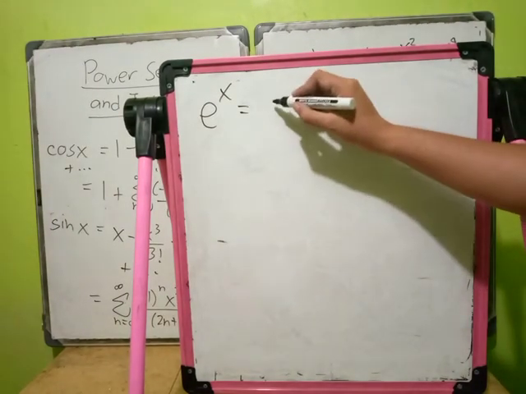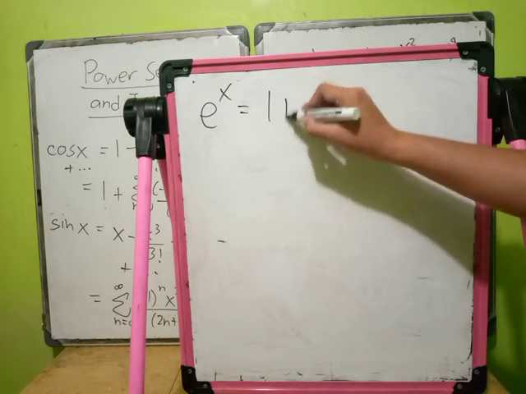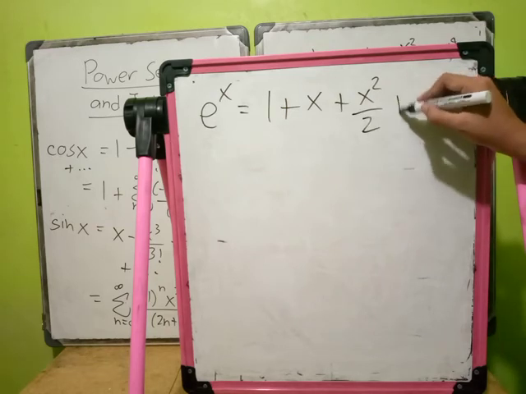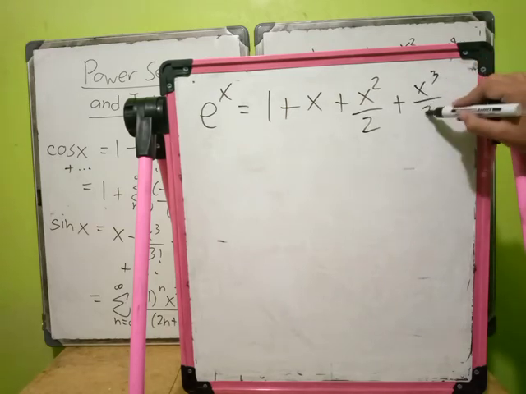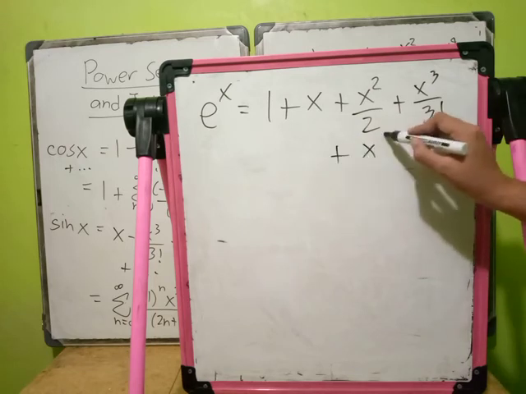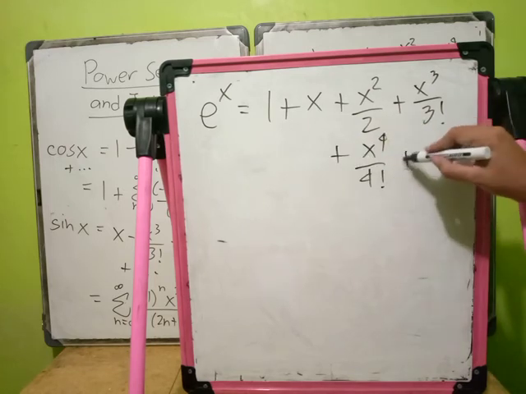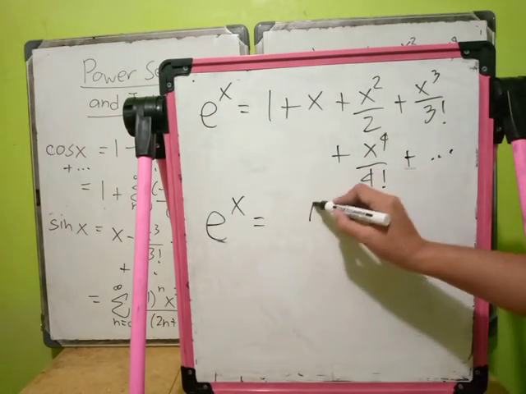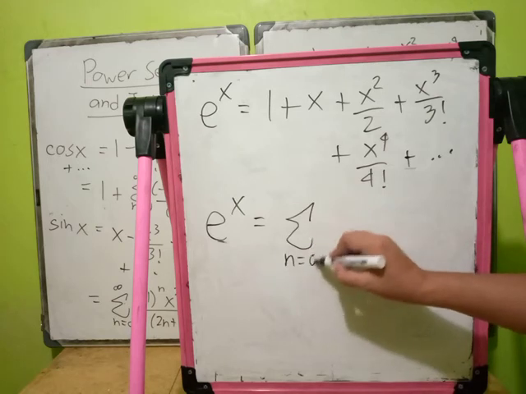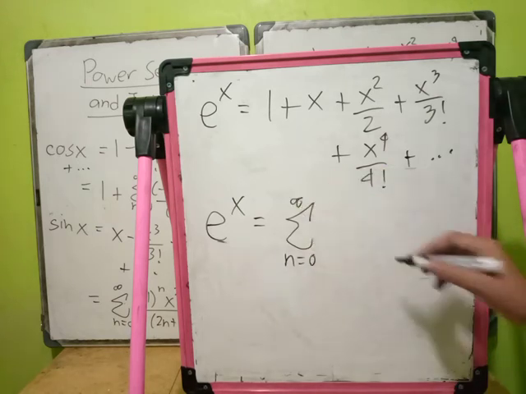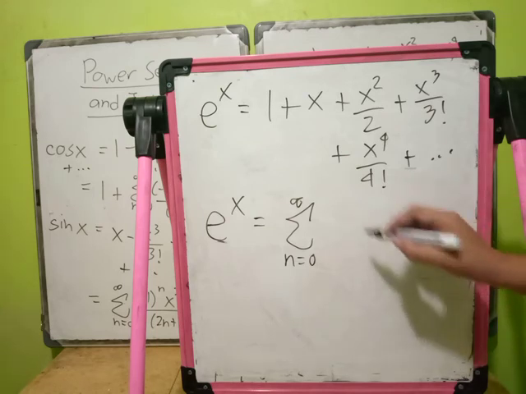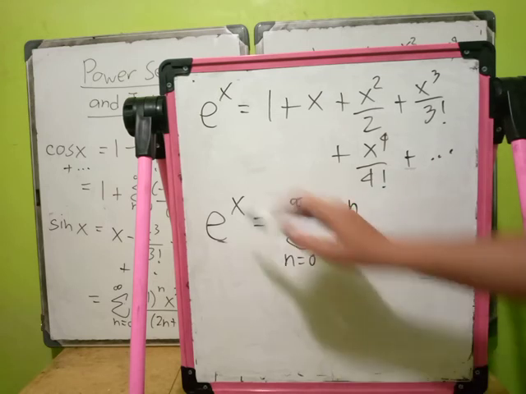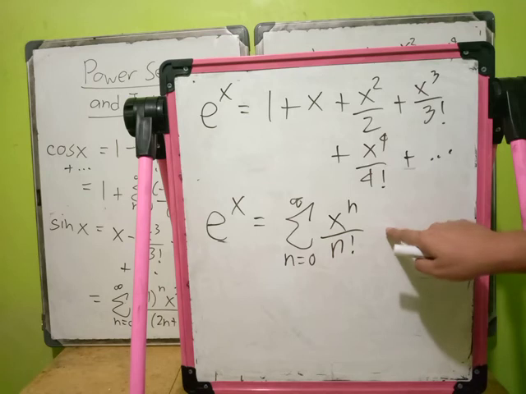So e to the power of x will be 1 plus x plus x squared over 2 factorial plus x cubed over 3 factorial plus x to the 4th over 4 factorial, and so on. In terms of power series, it is equivalent to the infinite sum from n equal to 0 up to infinity of x to the power of n over n factorial. So this is in the form of power series also.